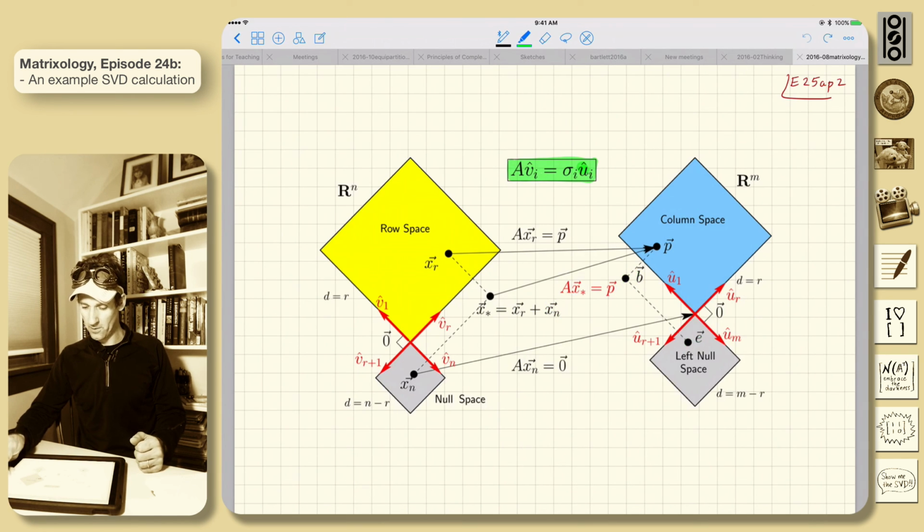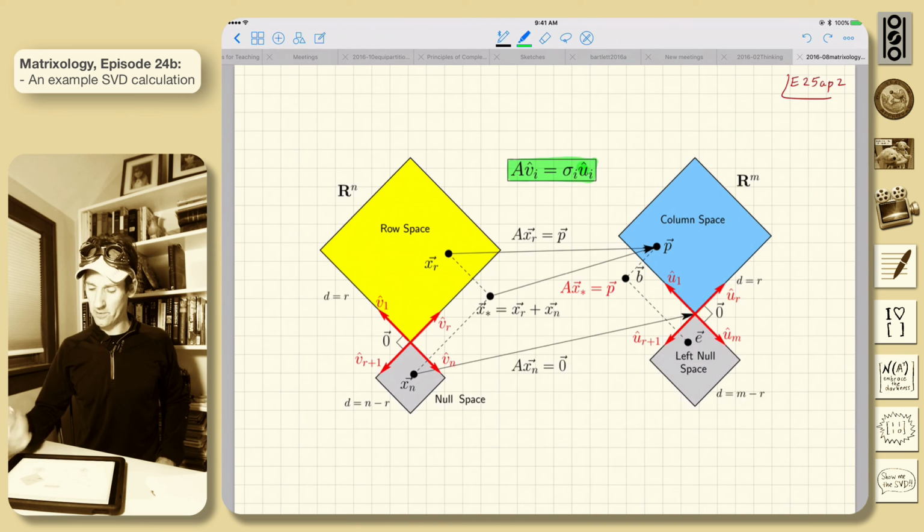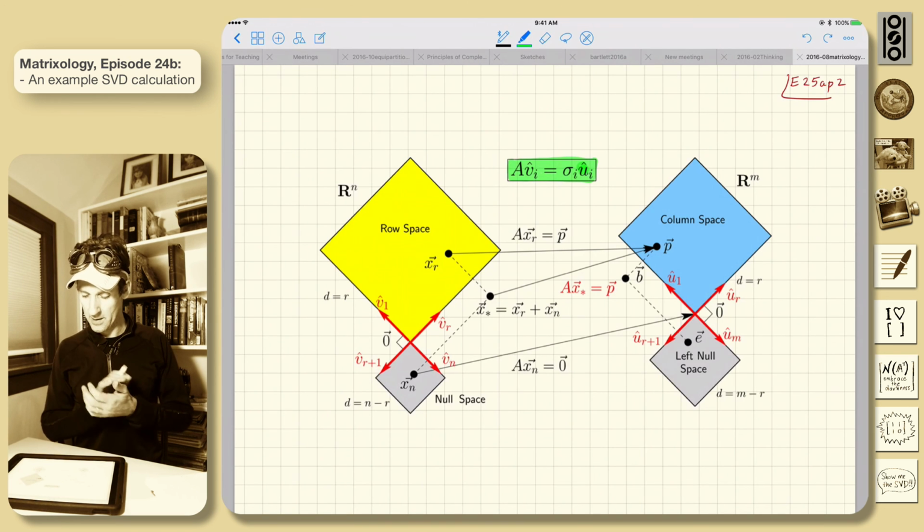So this is what we've had before, but now we have this extra story that there is a beautiful orthonormal basis for all of these subspaces. V1 gets mapped to U1, V2 gets mapped to U2, and so on, right? And there's a stretching here. The orientations encode all sorts of rotations and flips, but the sigmas give us the stretching, if you like.